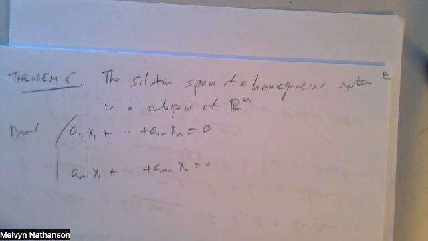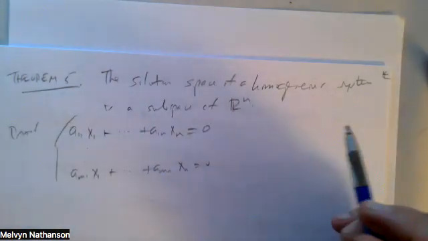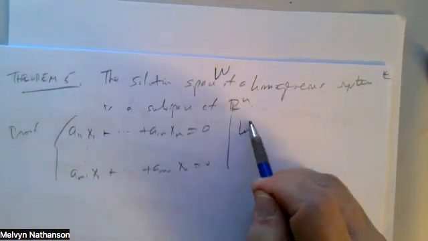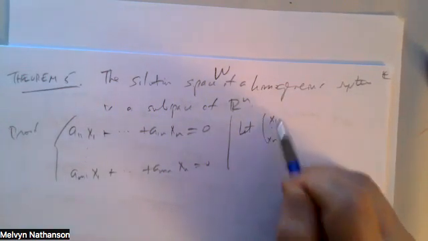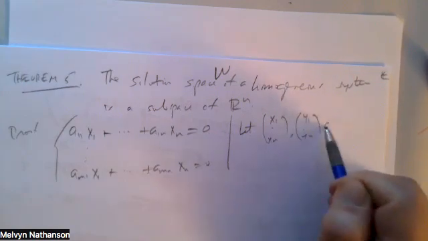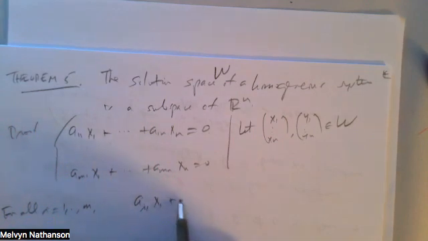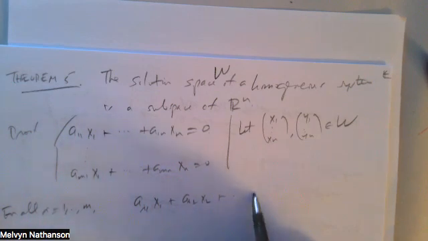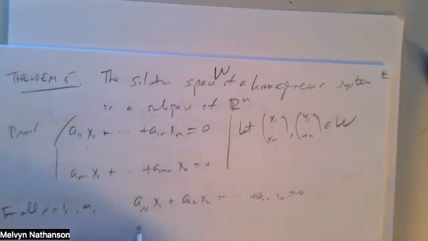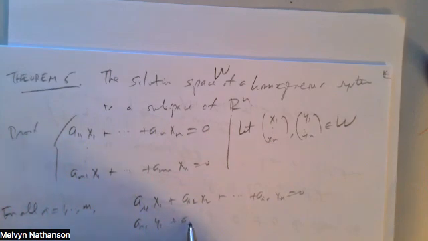So suppose x and y are solutions in the solution space W. So suppose x1 up to xn and y1 to yn are in W. What does this mean? It means for every equation, for all i from 1 up to m, because there are m equations, we have ai1x1 plus ai2x2 up to ainxn is 0, and ai1y1 plus ai2y2 up to ainyn is 0.